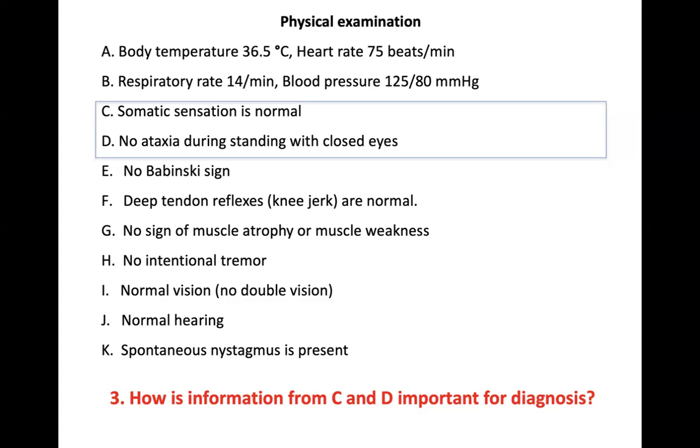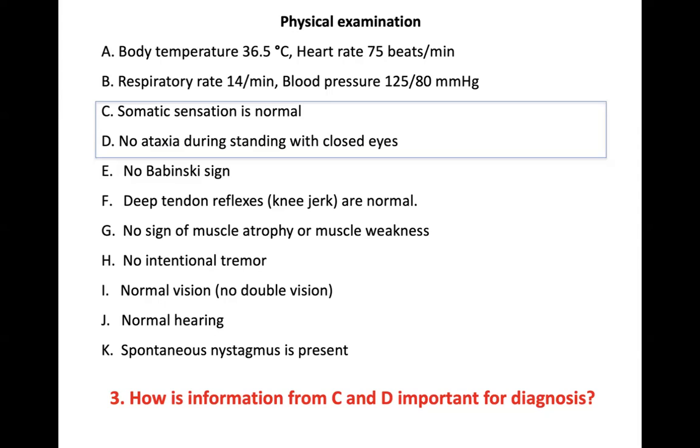This means that the patient still has the ability to sense their body position, and since the ataxia only occurs with head movement, it can possibly support a vestibular cause.